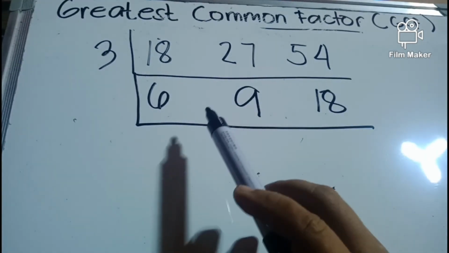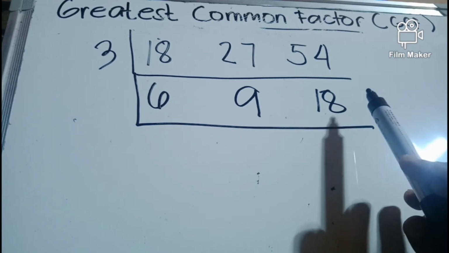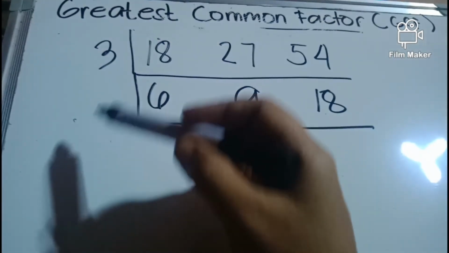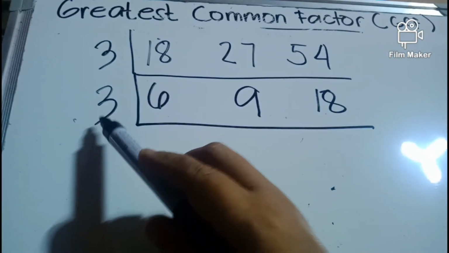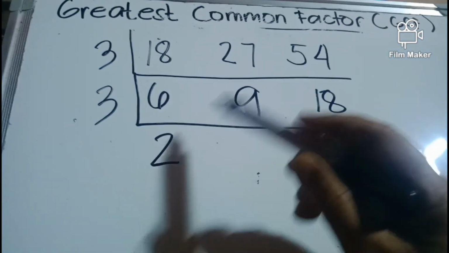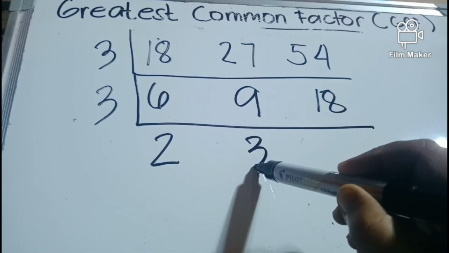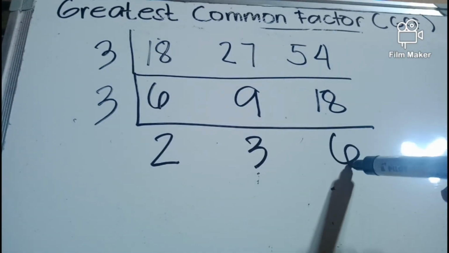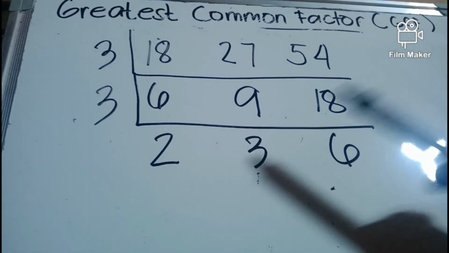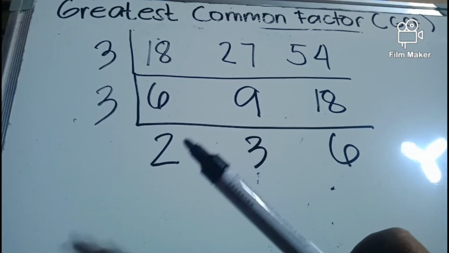So, again, i-divide natin itong set of numbers na ito by a prime number. So, we have here 3. 6 divided by 3 is 2. 9 divided by 3 is 3. 18 divided by 3 is 6. So, we now have 2, 3, and 6.